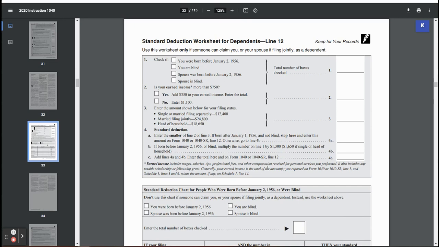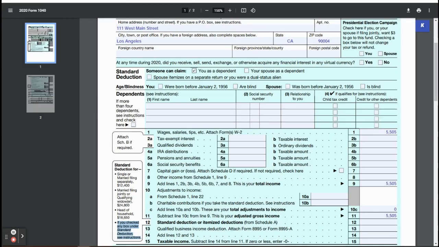I'm just summarizing what these instructions are telling you to do. We would take their total income, which is the $5,505, and add $350. So again, we're going to add $350, which takes us to $5,855. And we're going to carry that down to line 14.